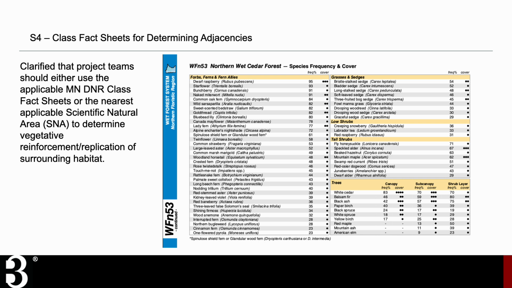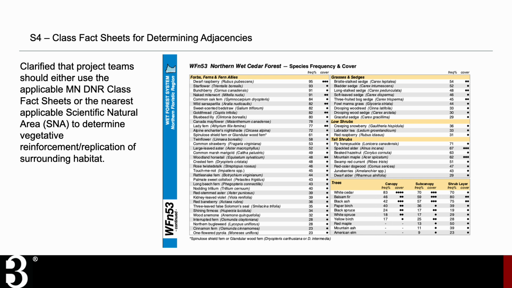S4, class fact sheets for determining adjacencies for vegetation and for habitat requirements. This is an area that we've received many questions on, both for the process and intent of the B3 guidelines. We've now provided a couple of different options for project teams.